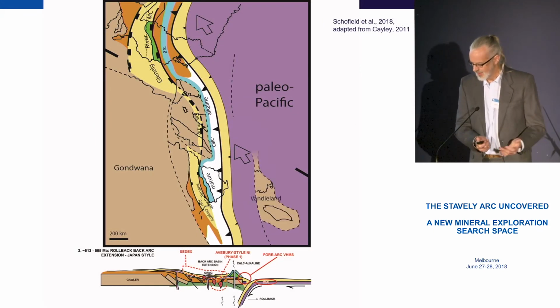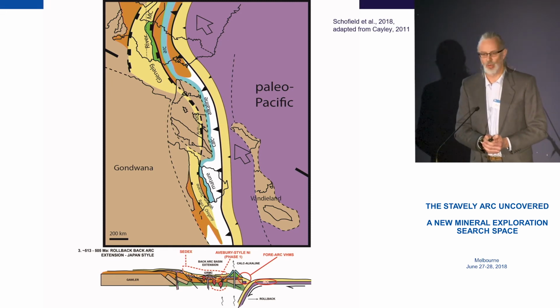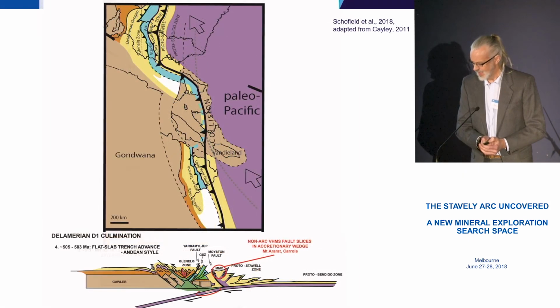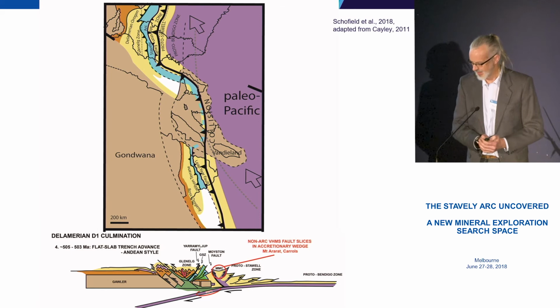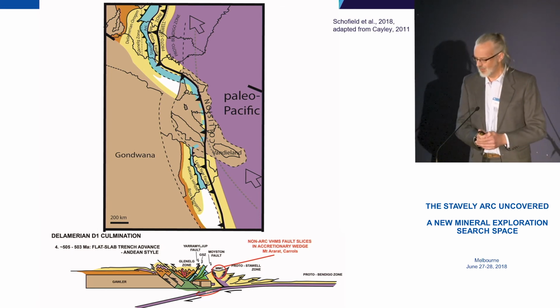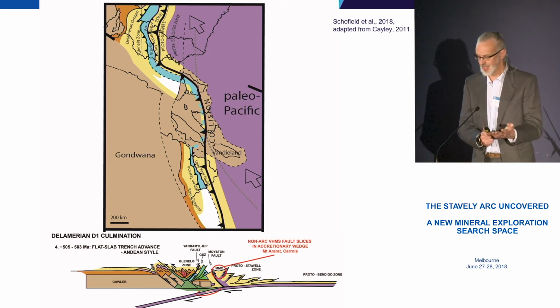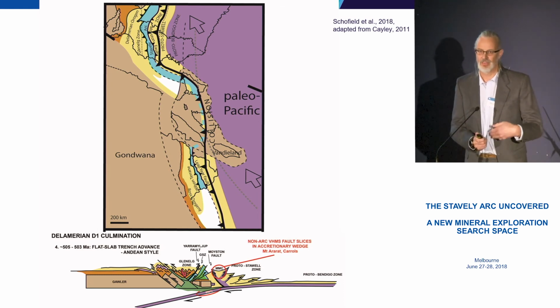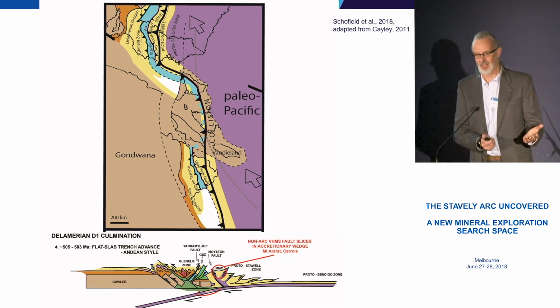And then later on, at some subsequent stage, a microcontinental sliver, which eventually ended up being important parts of Tasmania and central Victoria, was being drawn in a lower plate, and it basically collided into the margin, but it didn't collide in where Stavely is, it collided in further south. So what happened in Stavely is it saw a couple of things, and one was the slab was being held up by the microcontinent, so it was not sinking as fast, so it was shallower, so it was transitioning from a Japan-style system into an Andean-style system, so you're getting upper plate shortening.